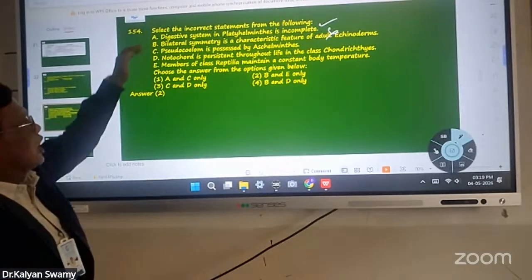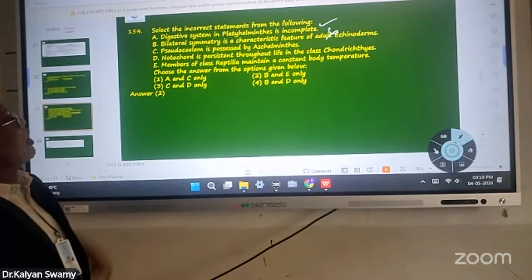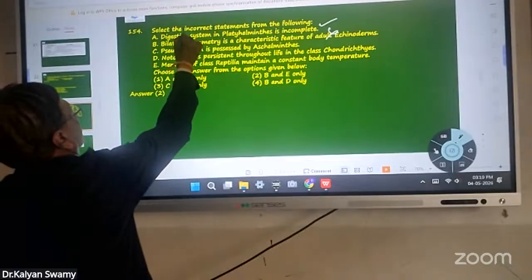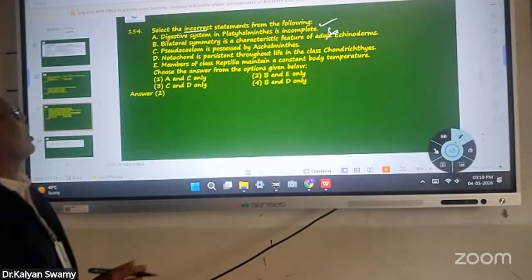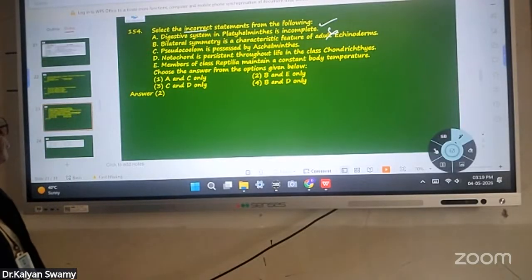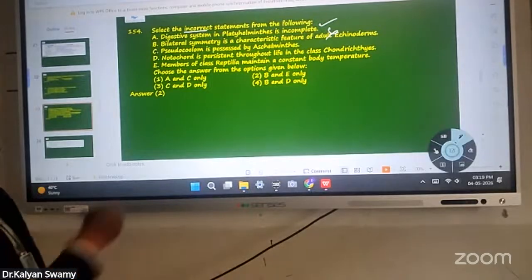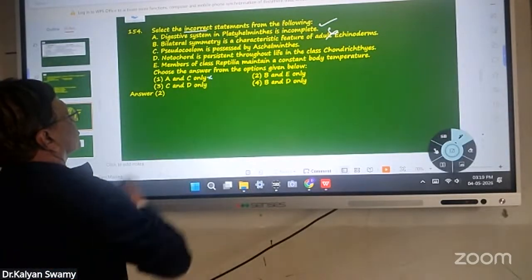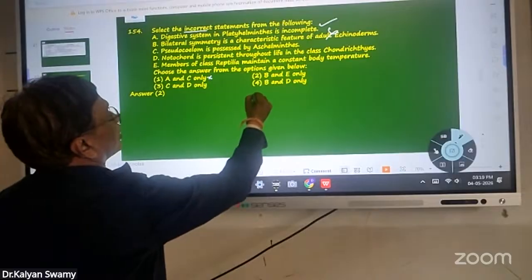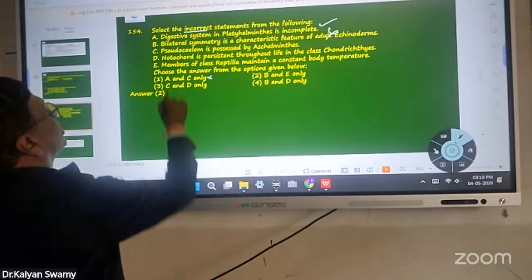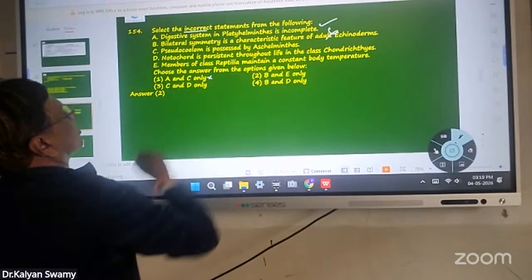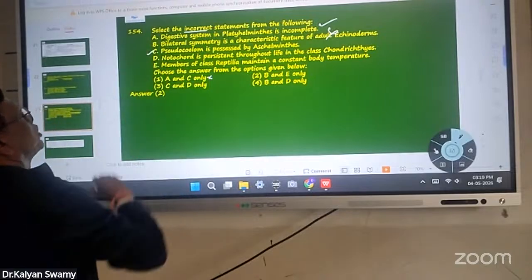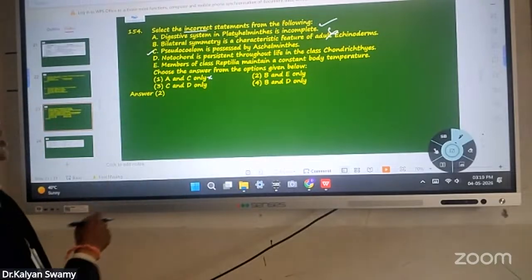We will say by seeing these two options. Here, what is the incorrect statement that is asked? Means what? A should not be there, B should be there. Means if we can strike out this. Pseudocoelom is projected by asking this correct. This should be incorrect. This should not be there.